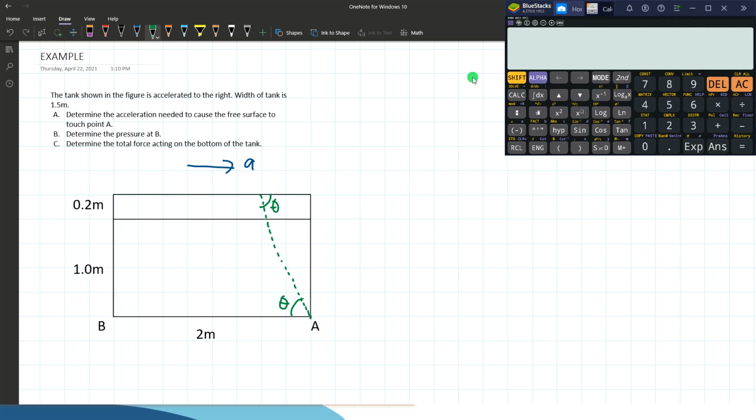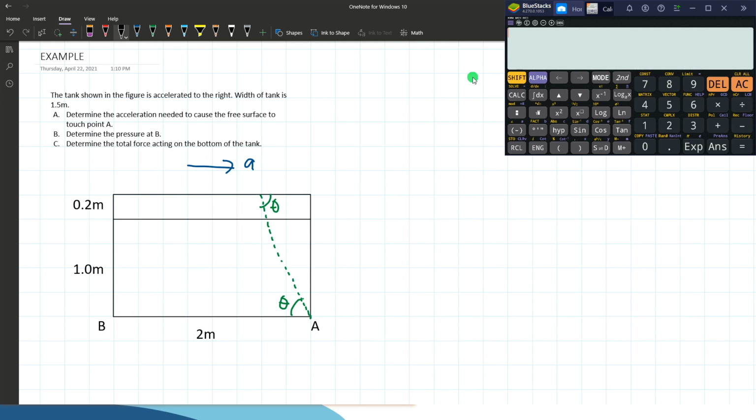So this is a closed container. What we will do here is use geometry in solving theta. Since this is a closed tank, no water will be spilled.